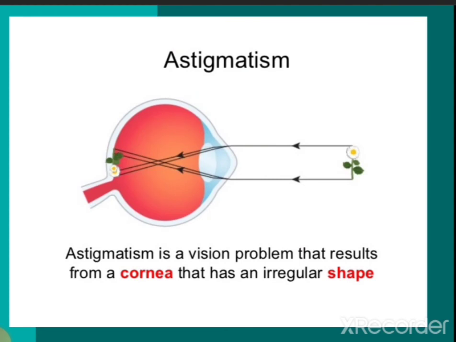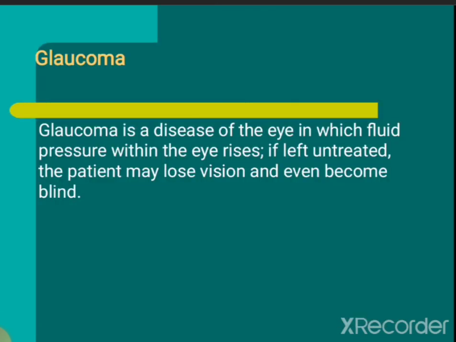This is astigmatism. It is a vision problem that results from a cornea that is irregular in shape. Then glaucoma is a disease of the eye in which the fluid pressure within the eye rises, and if left untreated, the patient may lose vision or may even become blind.